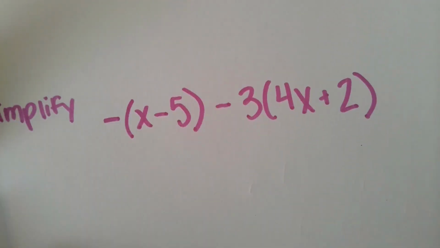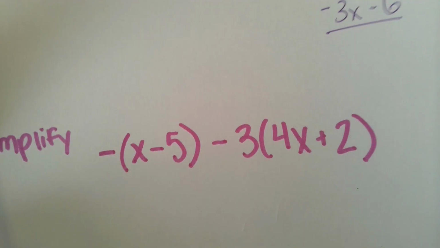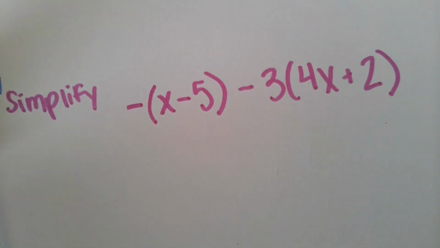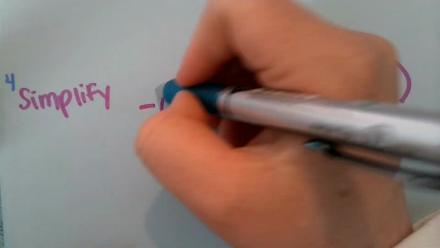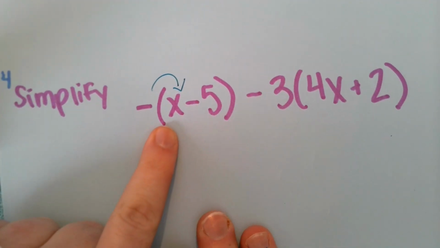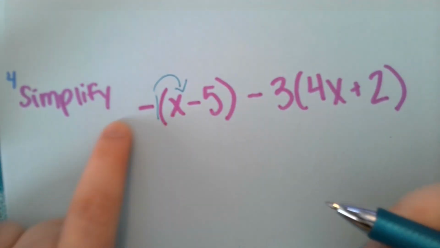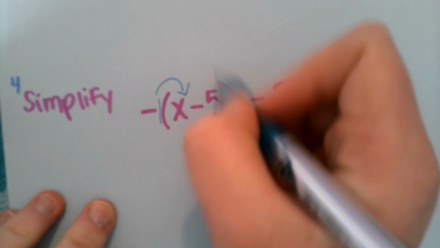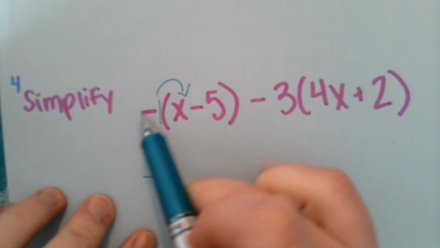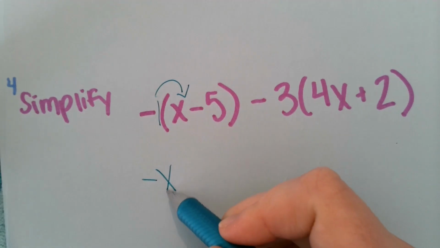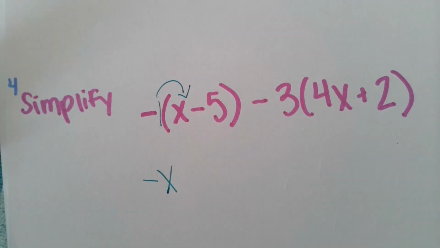Alright, next problem. Simplify. Same idea here. We're going to distribute this negative. This is the same thing as having a negative 1 right in front. Okay? Negative 1 times x is negative x, and a negative times a negative is always a positive. Remember, if we take away negatives, our life gets more positive.